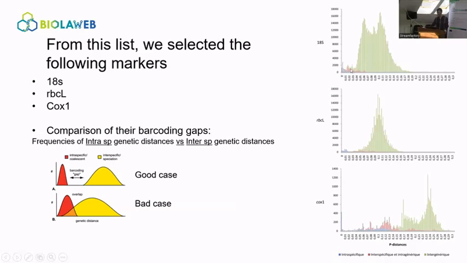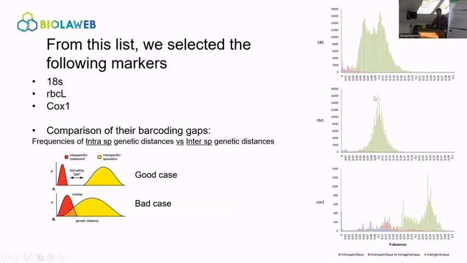In red, here for 18S, here for RBCL, and here for COX-1, it's when you compare sequences belonging to two different species, but to the same genus. So a little bit higher, but many times, for 18S, for RBCL, and for COX-1, we are in the bad case, so we have an overlap.